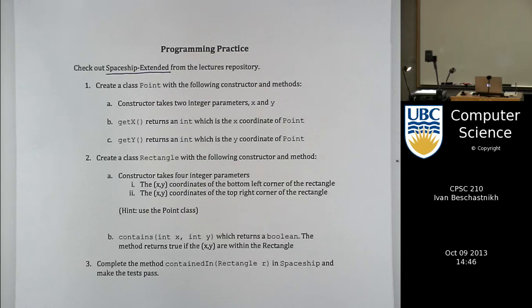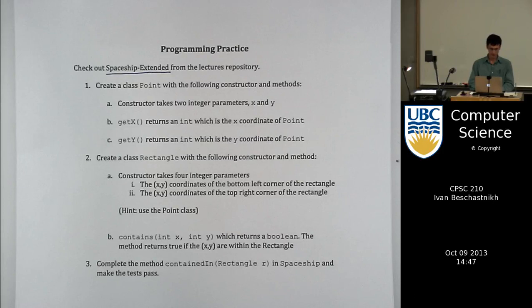Let's go over the solution. Spaceship extended, full package. So first question, I want to create a point class, right? And it has a constructor, it has a way of getting the x and y coordinates of the point. So, new class, it's going to be called Point.